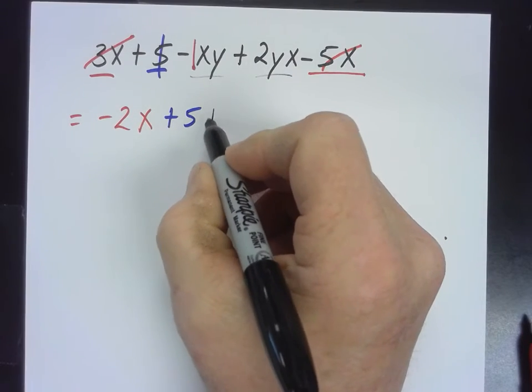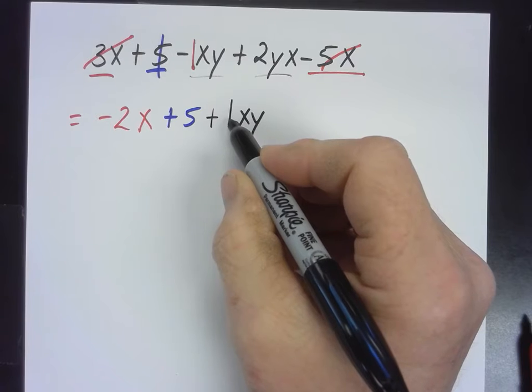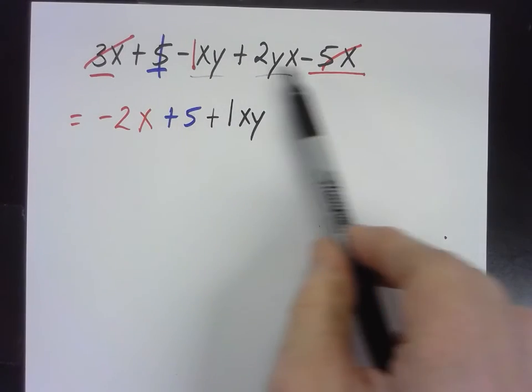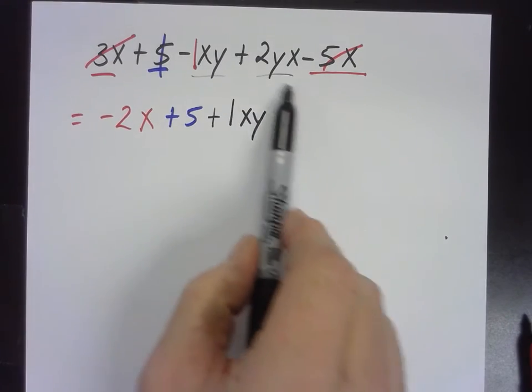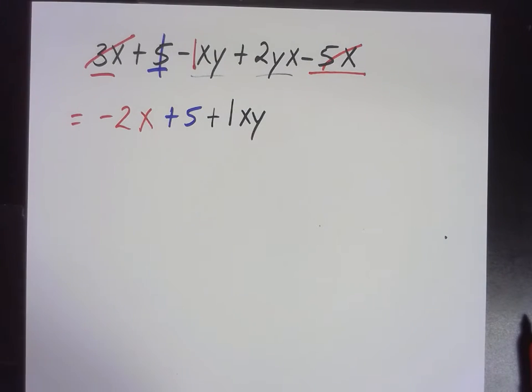So plus 1 xy. Do you have to put the 1 there? No. I'm going to for a while, but normally I'm too lazy. I would just write xy. So that's your job. Simplify it by combining the like terms. Look how much simpler it is. It's way better, isn't it? Yeah, that's it. That's your job.